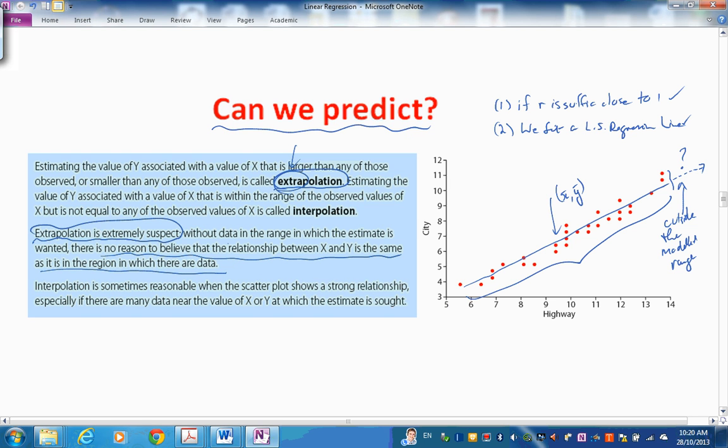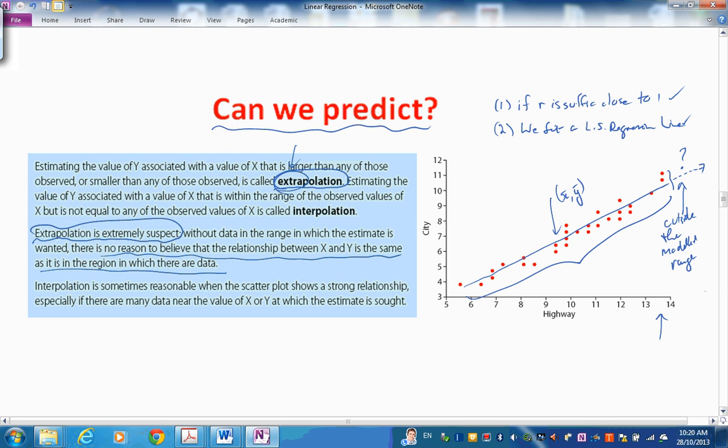Things change. Highway motoring, engines heat up, or various things change that aren't obvious in this range here, up to 12 kilometres per litre.